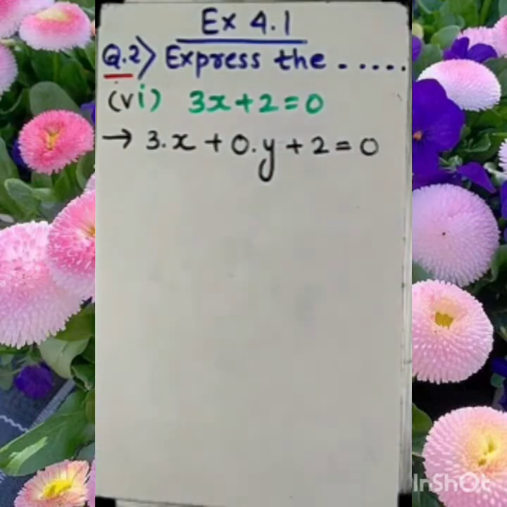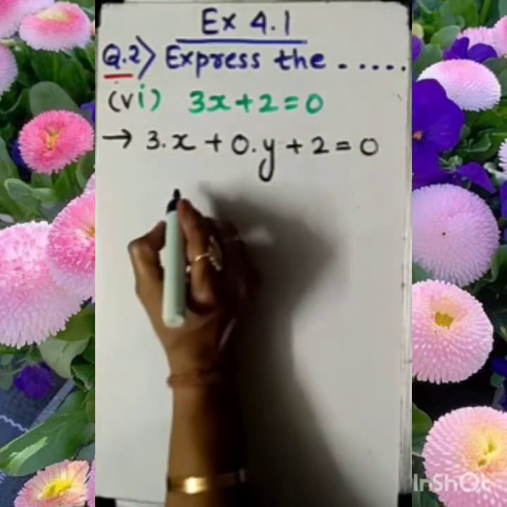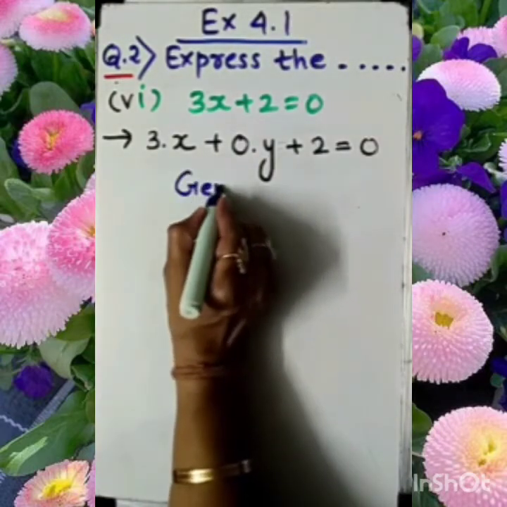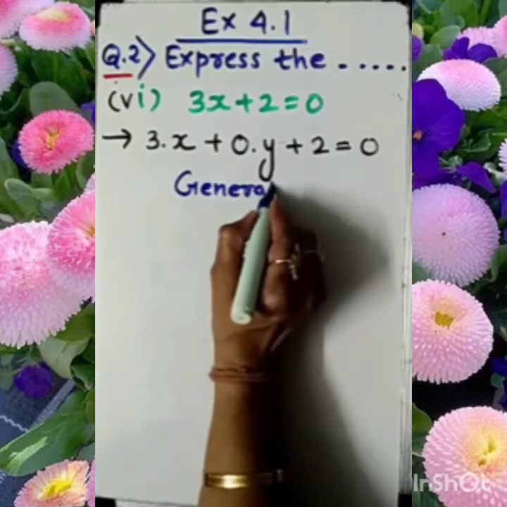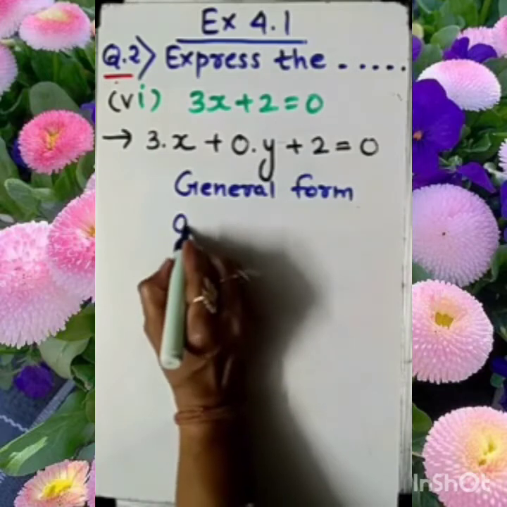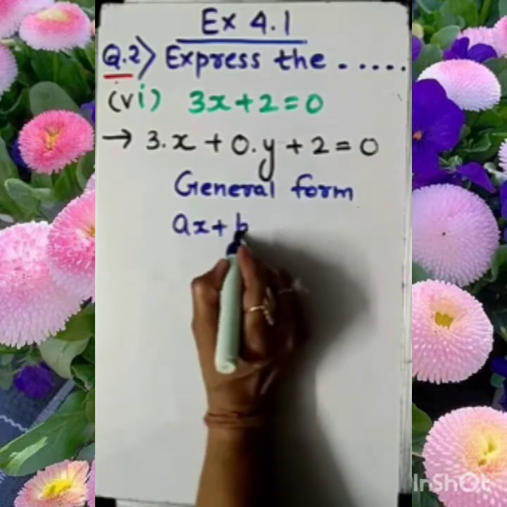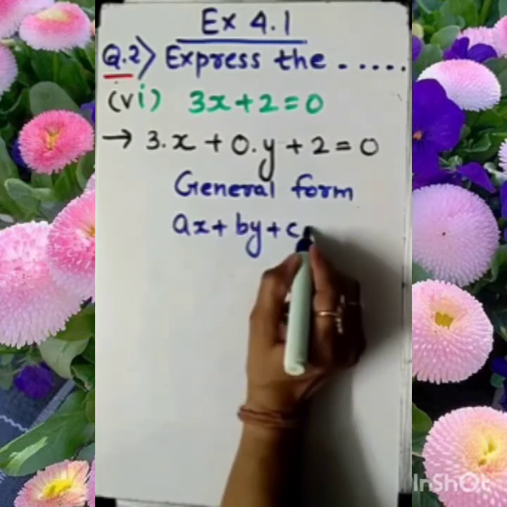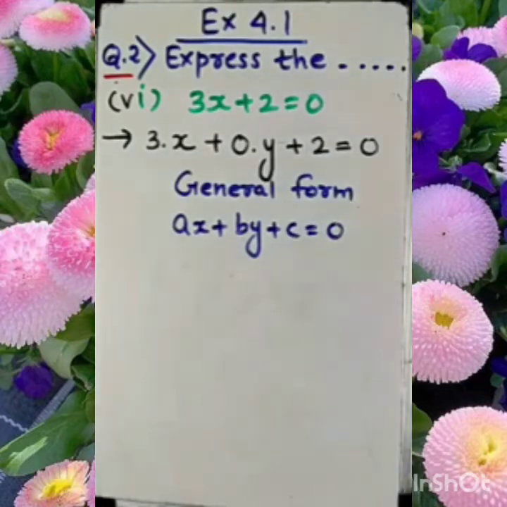Now, as usual, we know the general form of the linear equation. So we need to mention the general form. What is the general form? ax plus by plus c equal to 0. This is the general form of a linear equation. Clear to you?